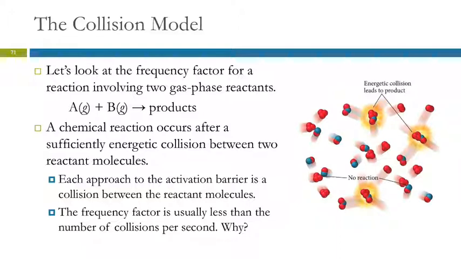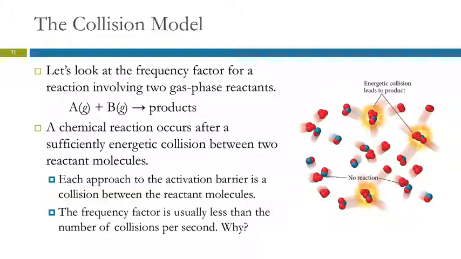Each approach to the activation barrier is a collision between reactant molecules. So we've got these molecules, and they're just zinging around in this container. There's going to be a lot of collisions, but only some of them are going to be successful.